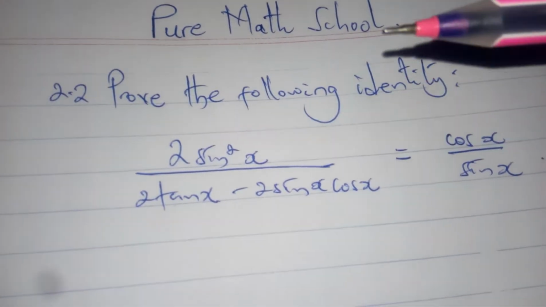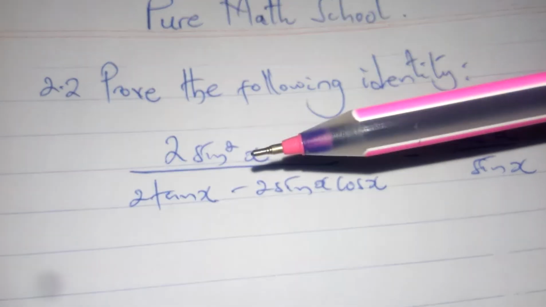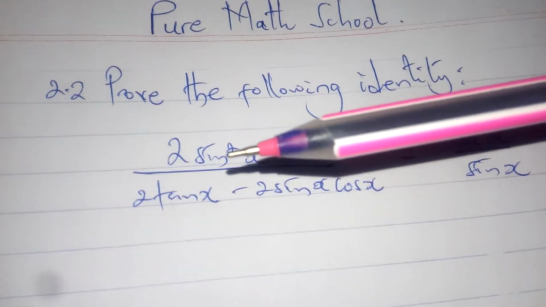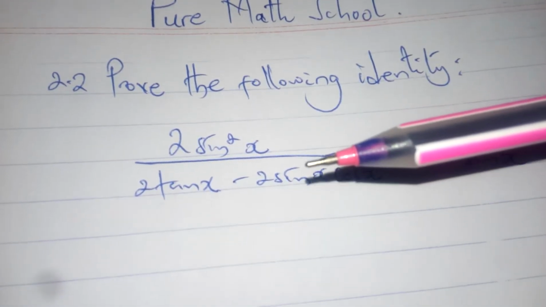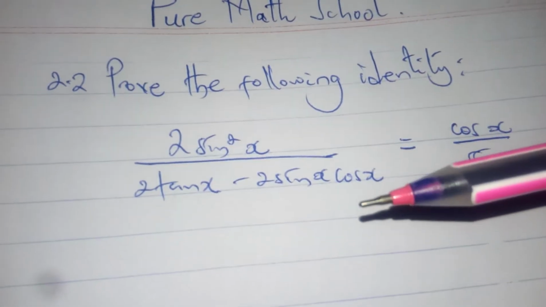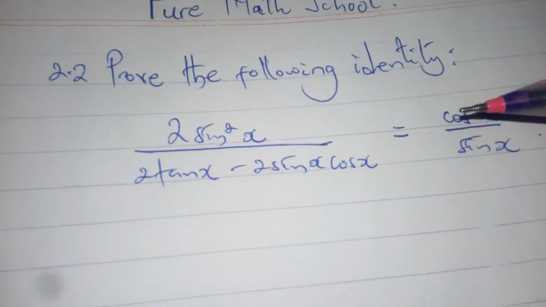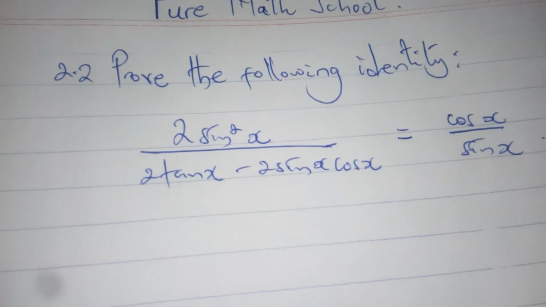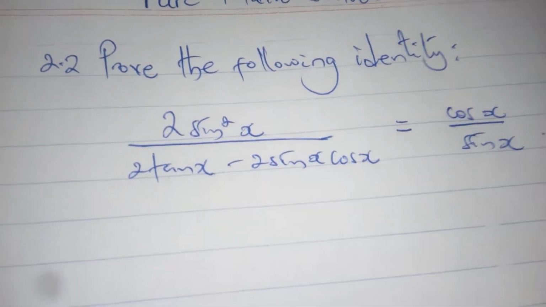So the one we are going to face today says to prove the following identity. Actually, it says 2 sine squared x out of 2 tan x minus 2 sine x cos x equals cos x out of sine x. So we are going to start from our left hand side.